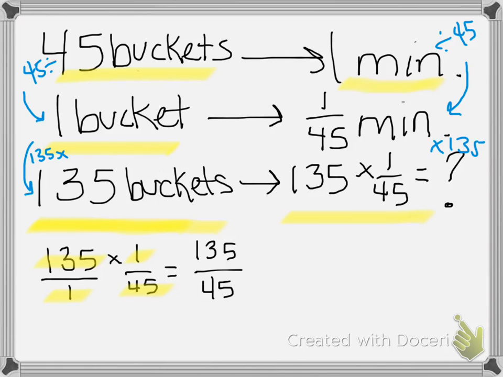So then we're left with 135 divided by 45, which gives us 3, it goes in exactly. So our answer is 3. We can fill 135 buckets in 3 minutes.